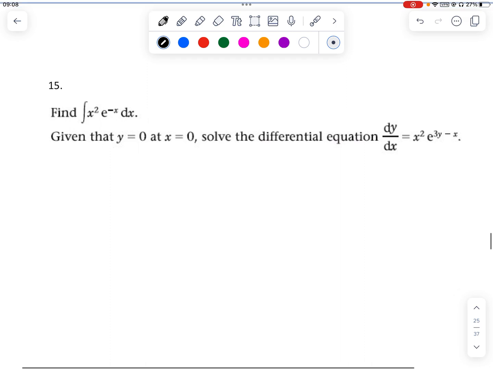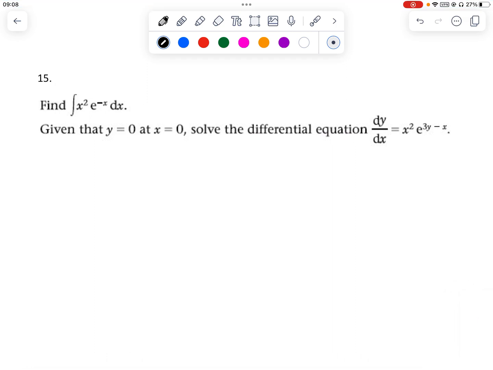Next, question number 15. Integral of x squared e power negative x dx. Given that y equals 0 when x equals 0, solve the differential equation. We have to solve the differential equation. For this one, y equals 0 and x equals 0.